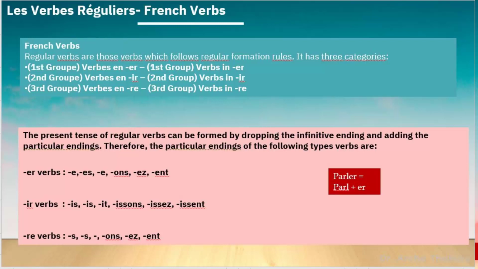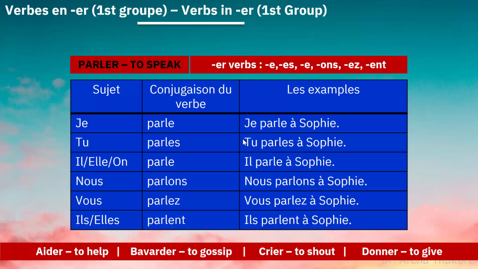Now, at this point, don't worry about remembering these. Just focus on the pronunciation, the way I am pronouncing. Je parle, tu parles, il parle. All three are pronounced the same. And to make your life easier, ils parlent is also pronounced parle. So there is no difference in the pronunciation of these four.